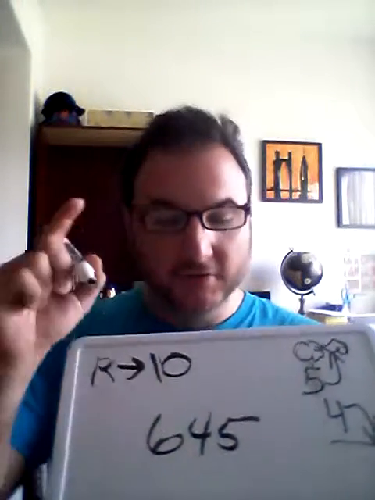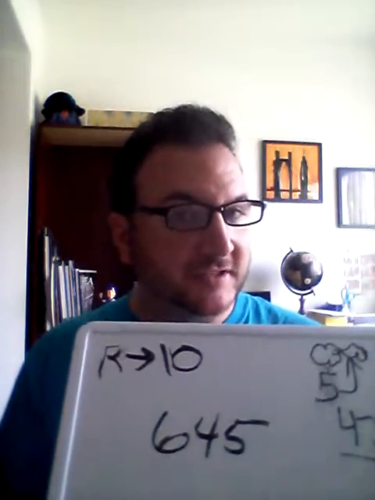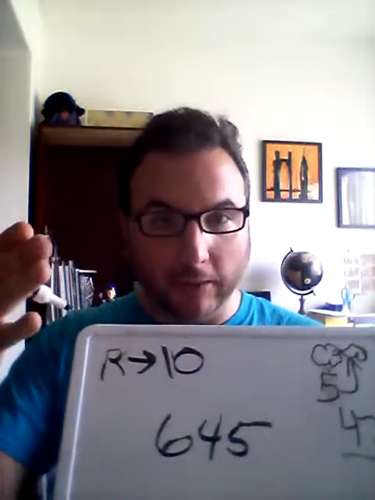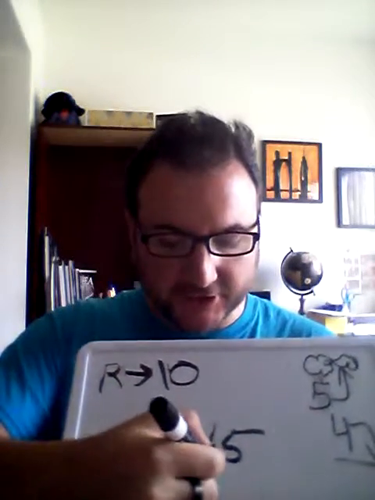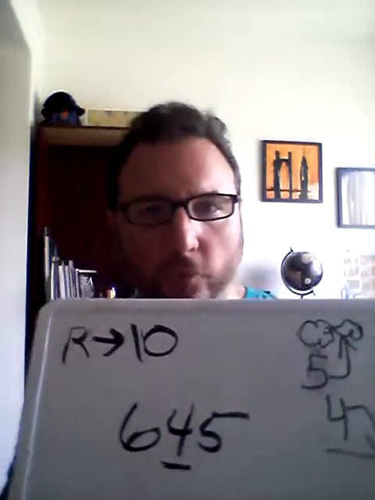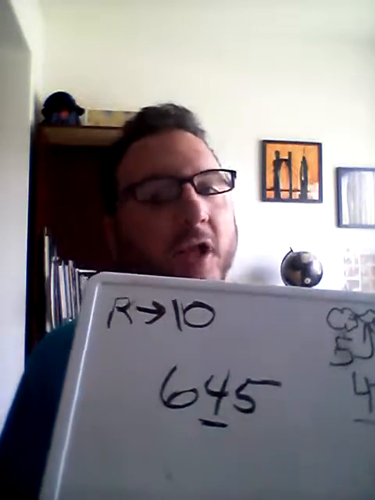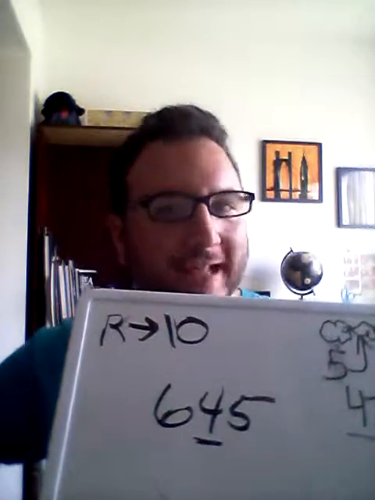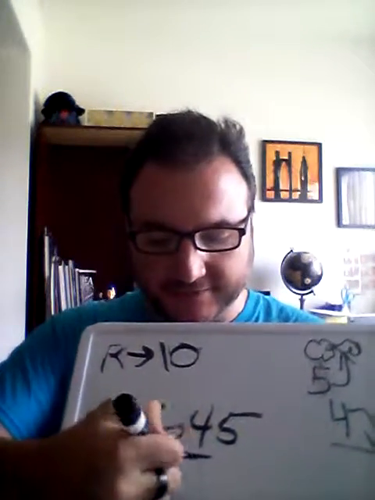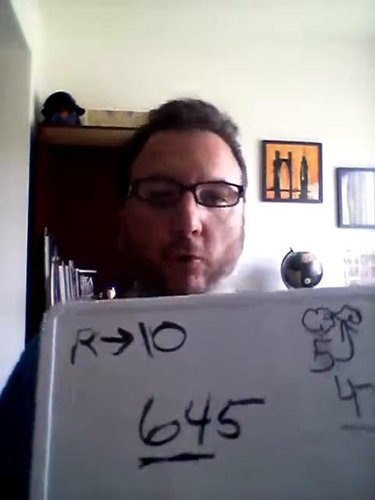It's the 4. What used to be the bossy neighbor in the first example is now the one I'm focusing on, the tens digit. But now notice what I do. I am not only going to underline the 4. I'm going to underline everything to the left of it, in this case, the 6. I'm going to underline both.